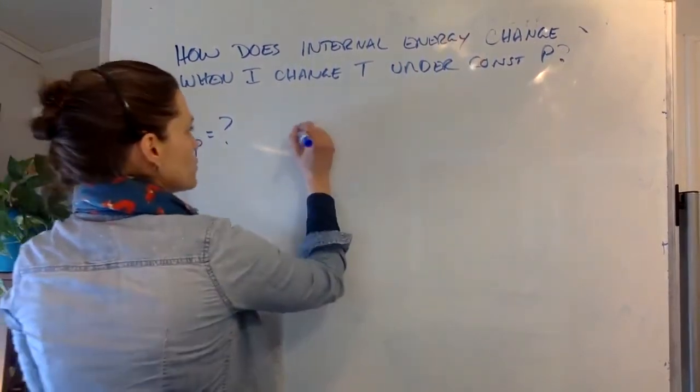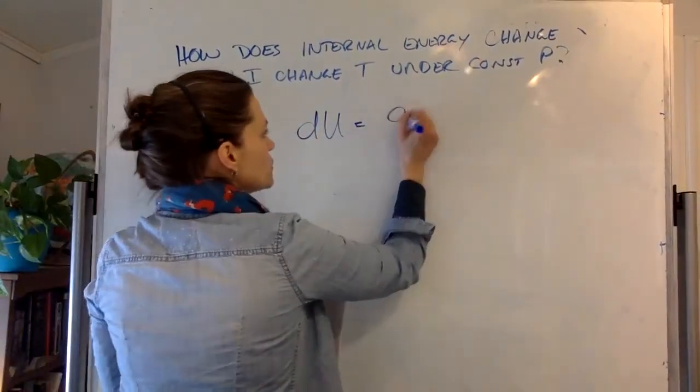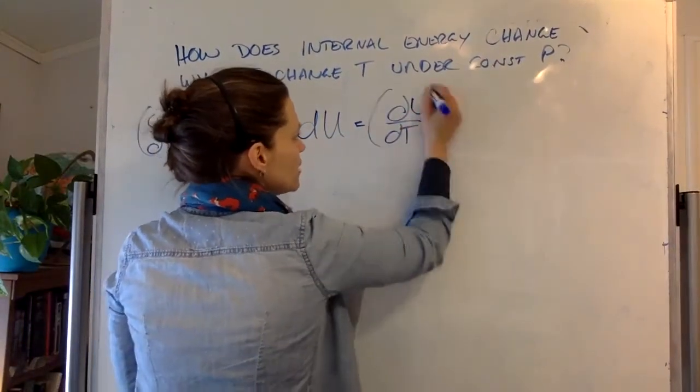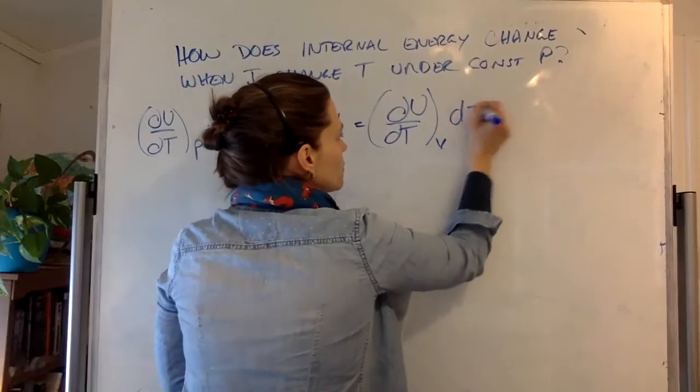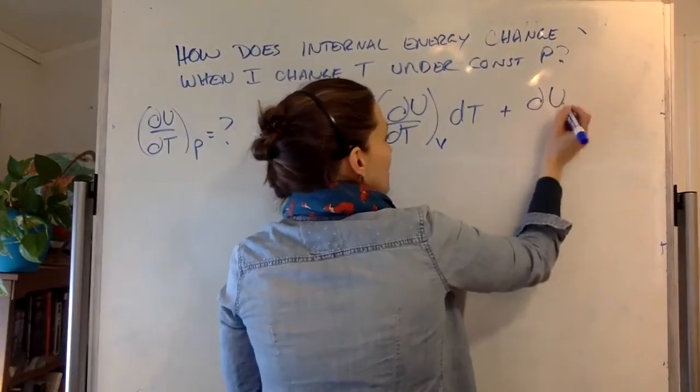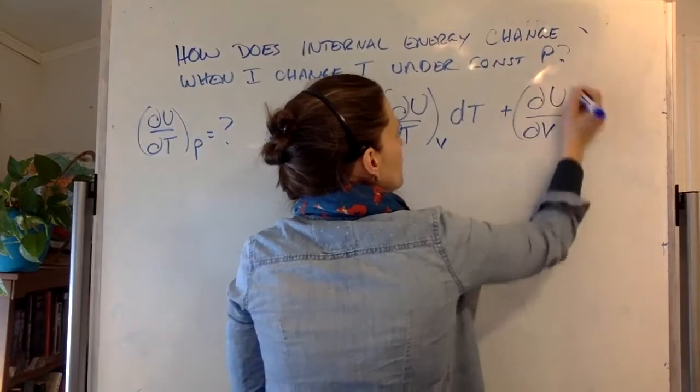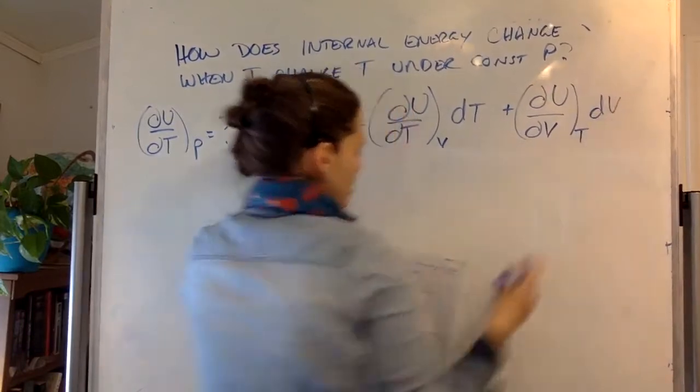So I start with my total differential. dU is equal to how U changes when T changes at constant V multiplied by dT, plus how U changes with V at constant T, dV.